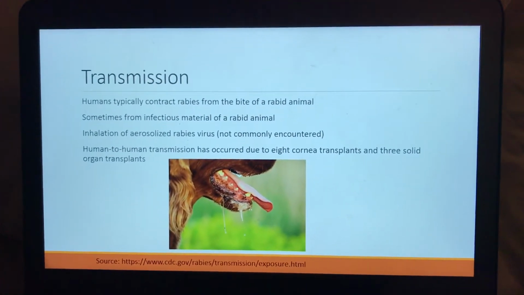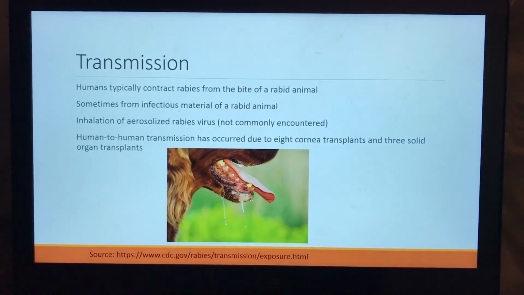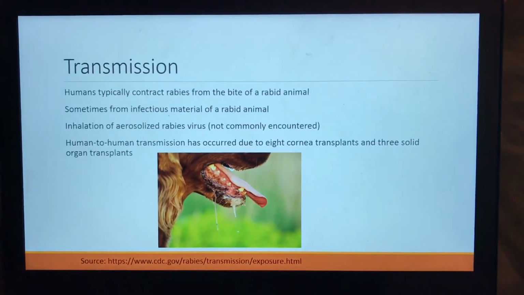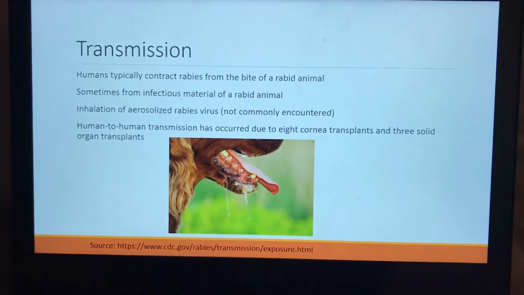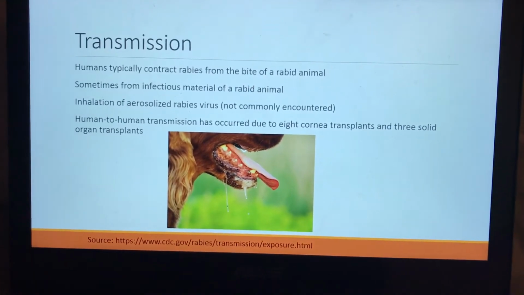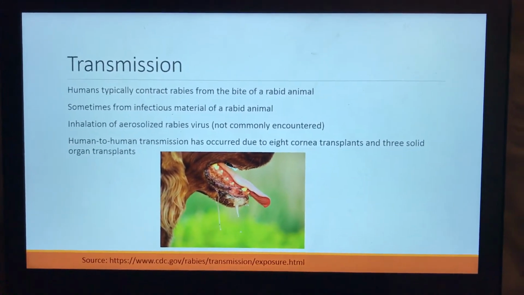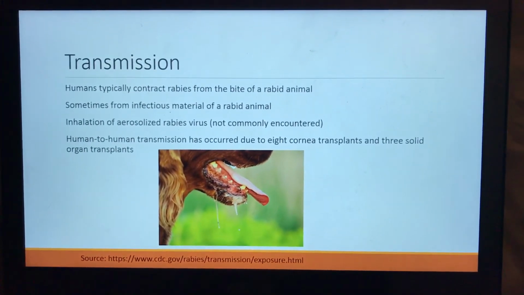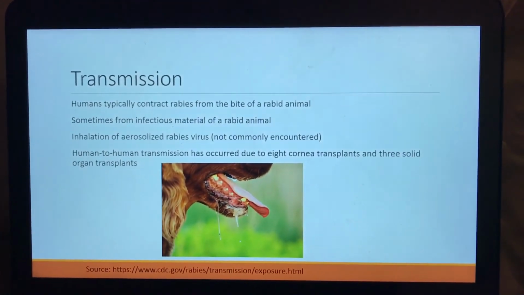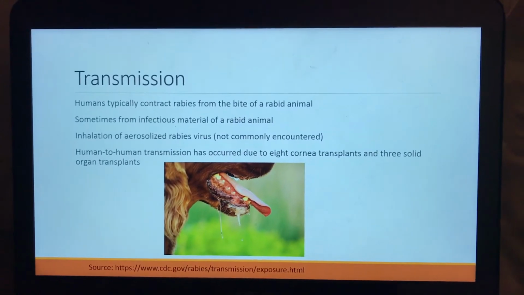There also is a possibility of the inhalation of aerosolized rabies virus, which is not commonly encountered. The only time that this would really be seen would be in a laboratory. Human-to-human transmission is very uncommon, but has occurred in 8 cornea transplants that have been documented and 3 solid organ transplants.